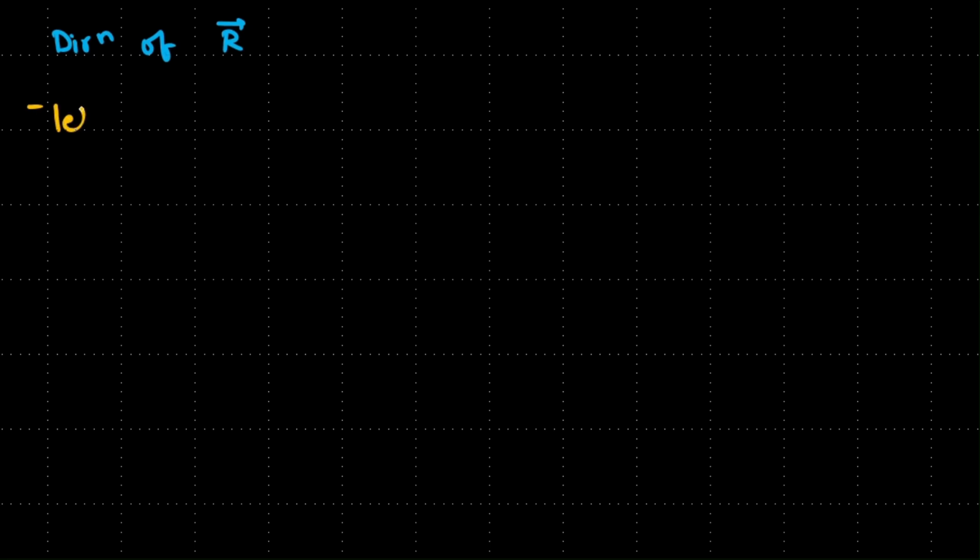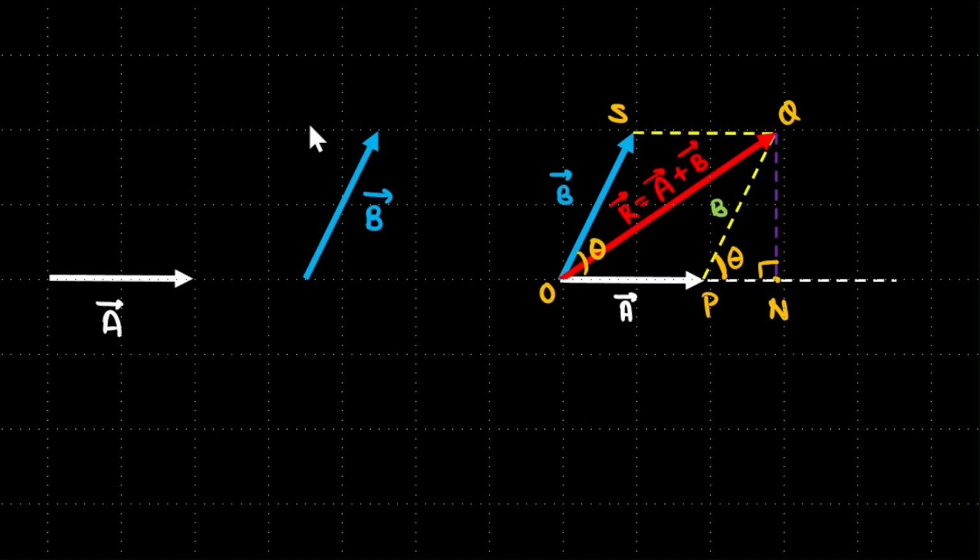So let phi be the angle made by vector R with vector A. So going back to our initial consideration or drawing, this one.